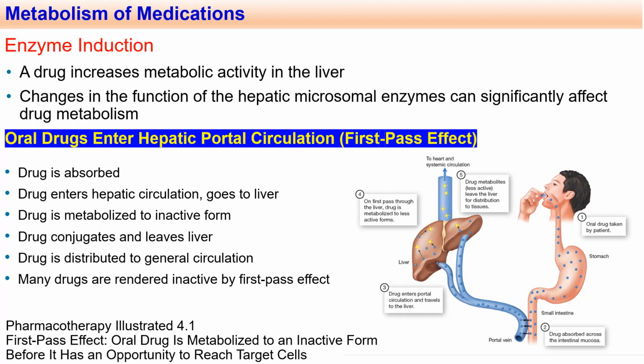So the oral drugs enter what is called the hepatic portal circulation, or another term in pharmacology called first pass effect. First pass effect, or the hepatic portal circulation entrance.